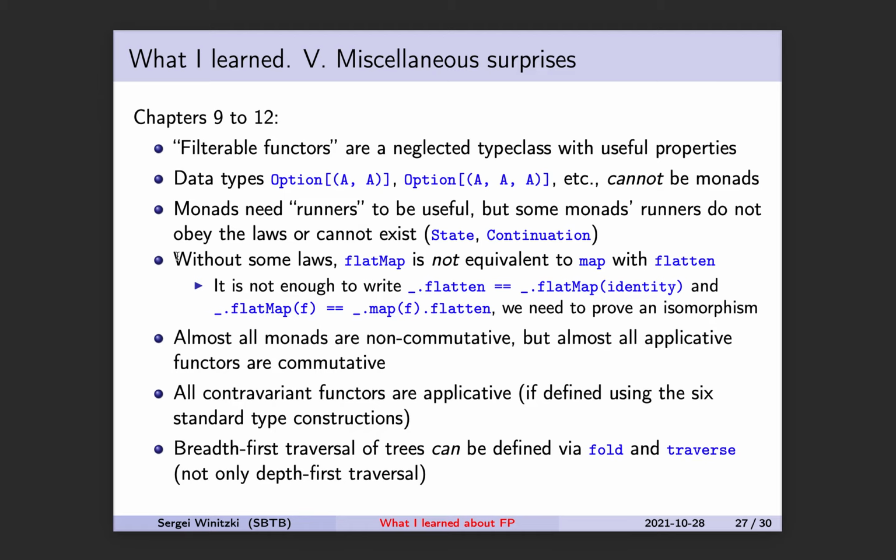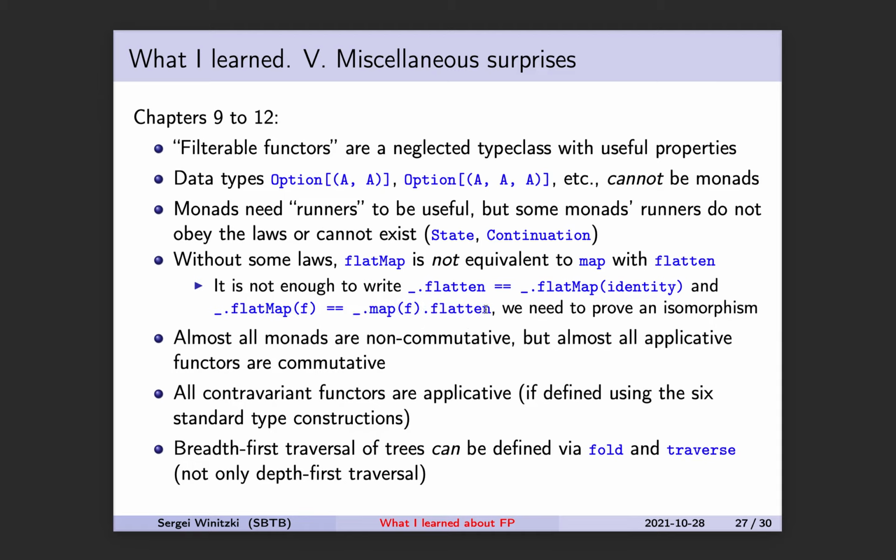Another realization for me that was surprising is that one often hears things like flat map is equivalent to map and flatten. They're not equivalent, actually. You have to assume certain laws before you can prove equivalence. It's not enough to just say that flatten is equal to flat map of identity, and flat map of f is equal to map f dot flatten.